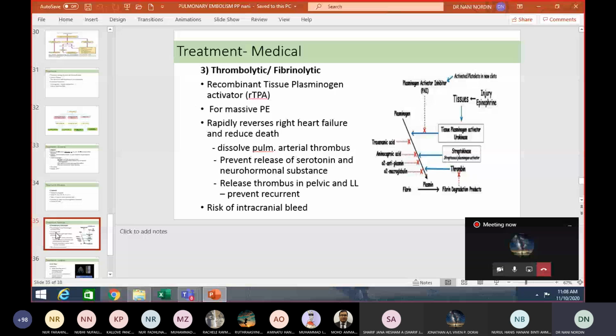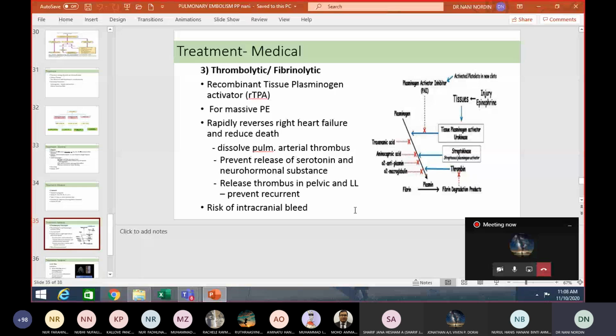How it works, your RTPA activates your plasminogen, so you increase your fibrinolysis. It is explained here. So it dissolves the arterial thrombosis. It also has other effects, in that it prevents the release of serotonin and neurohormonal substances, which are also released in large PE especially.